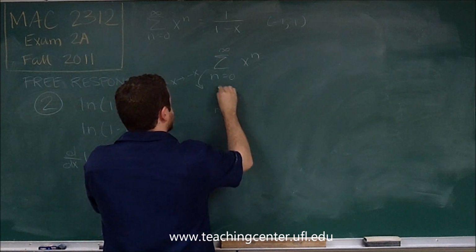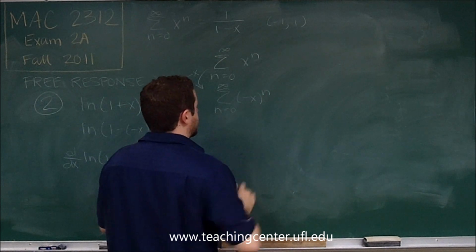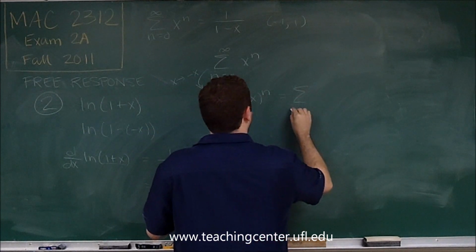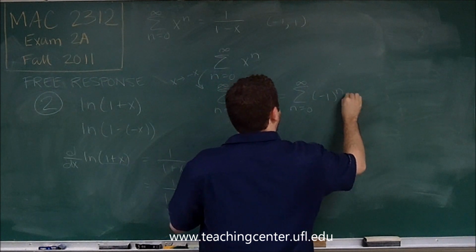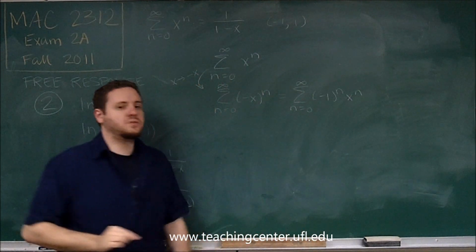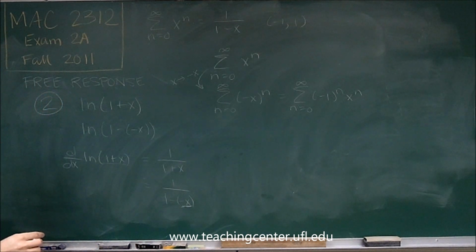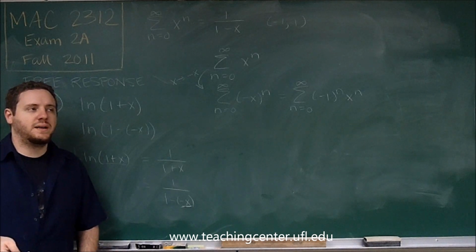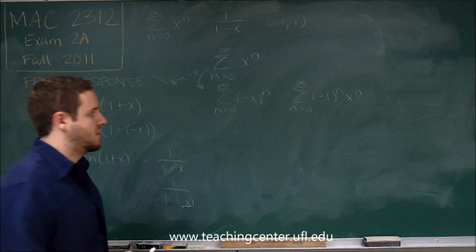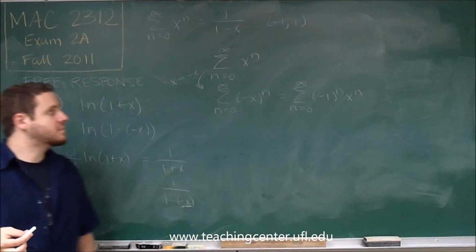That gives us the series -x to the n, which could be rewritten as just the alternating version of x to the n. Keep in mind, you want to do that generally before you do any differentiation or integration, because this is now just a constant and you don't have to worry about it.